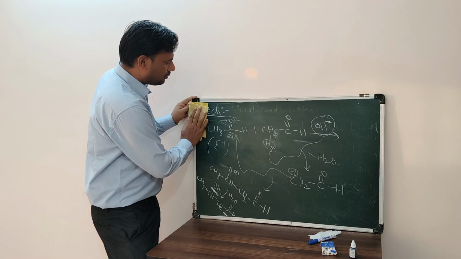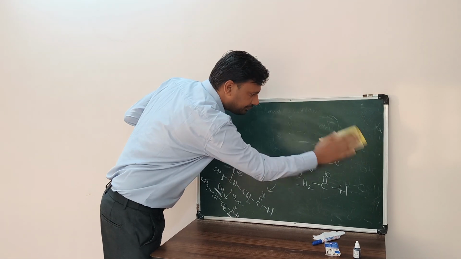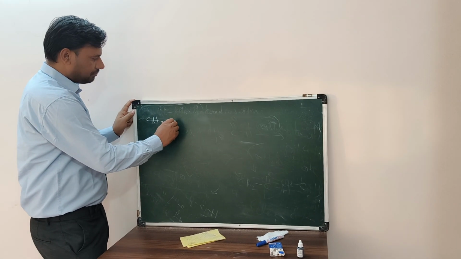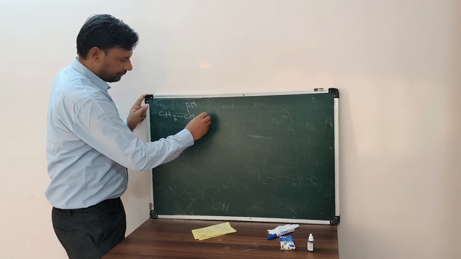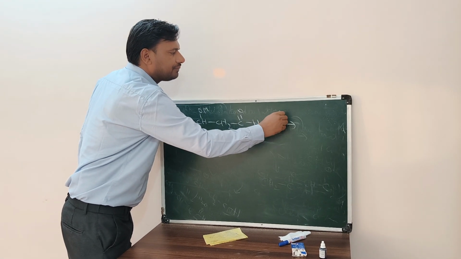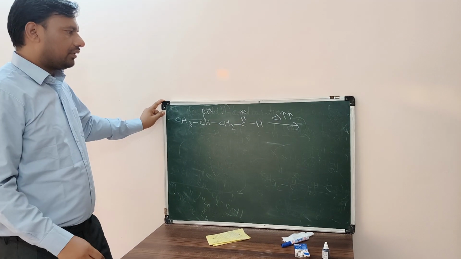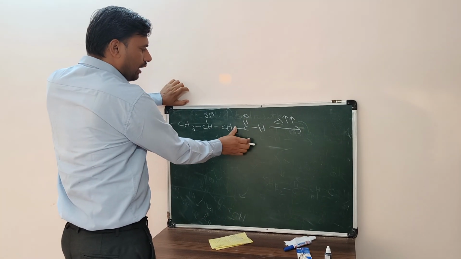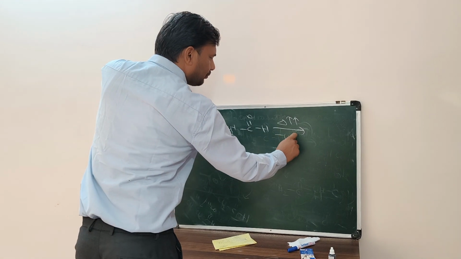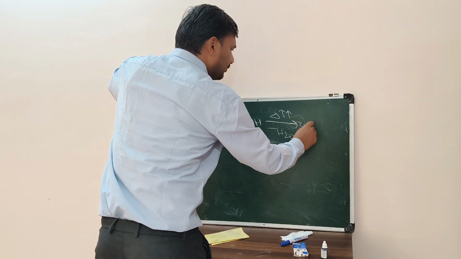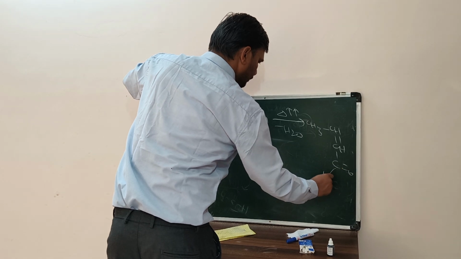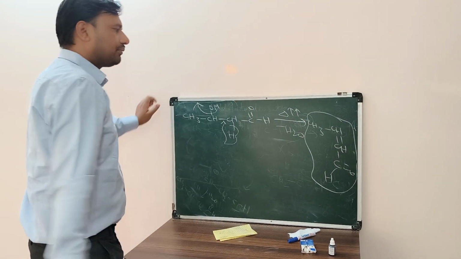So these aldol molecules, CH3 CH OH CH2 C double bond OH, further on heating will remove H2O. How will H2O be removed? This H2O will go outside and will make CH3CH double bond CH, an alpha beta unsaturated carbonyl compound.